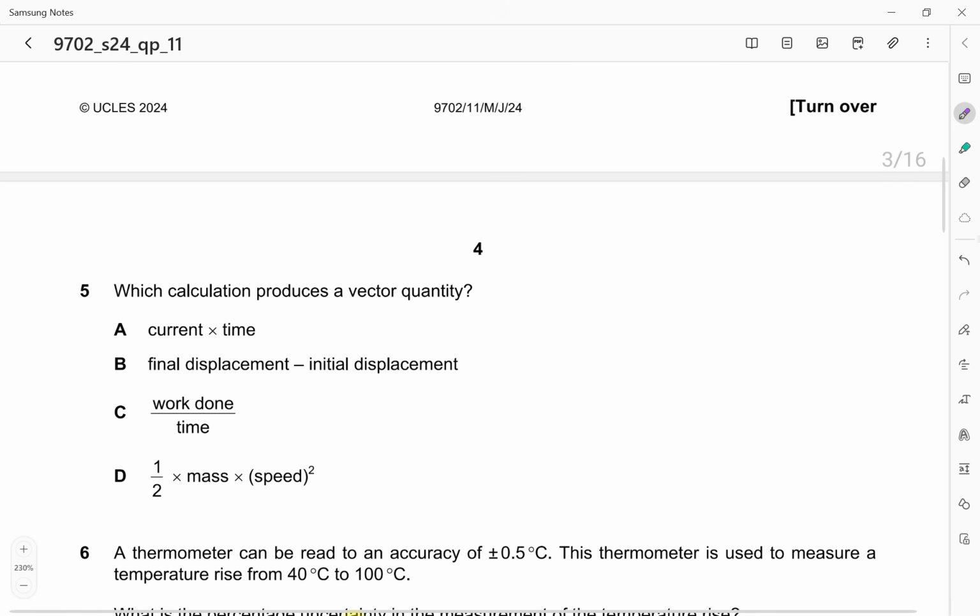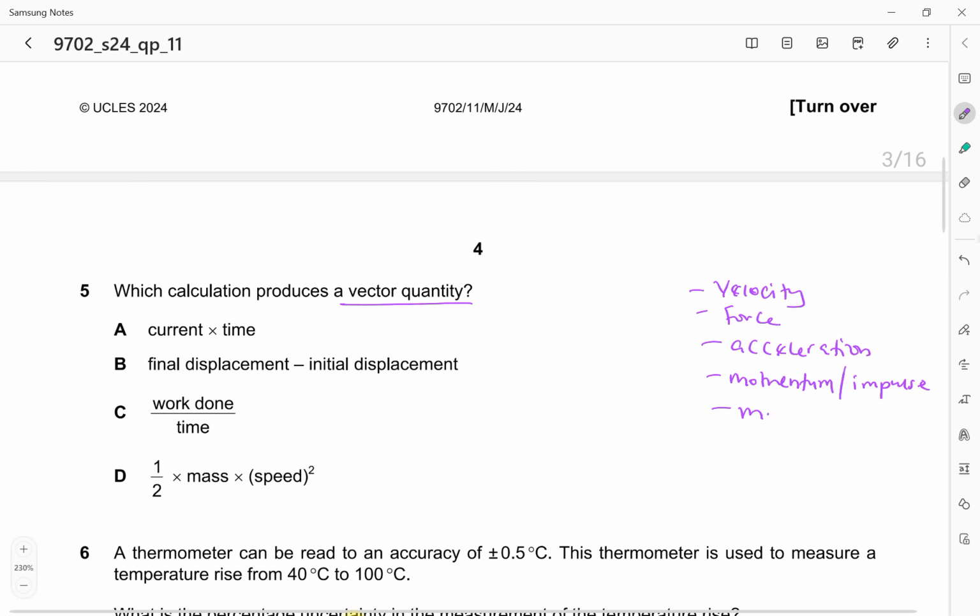Which calculation produces a vector quantity? Remember, a vector quantity has both magnitude and direction, and there are 6 vector quantities at your level. We have velocity, force, acceleration, momentum, and of course the change in momentum, which is impulse.